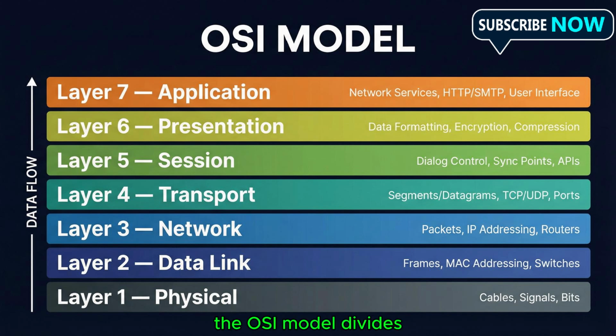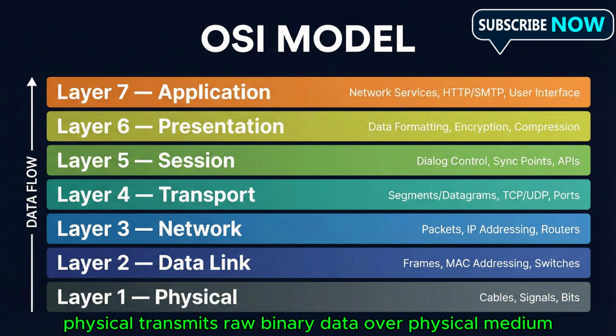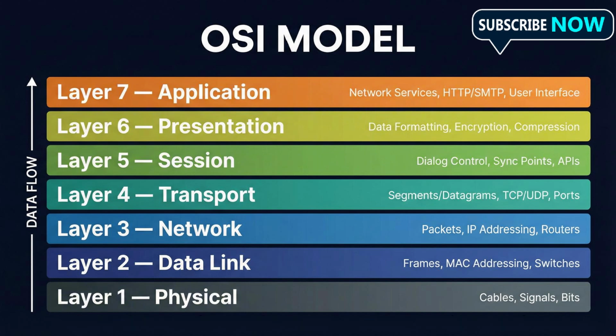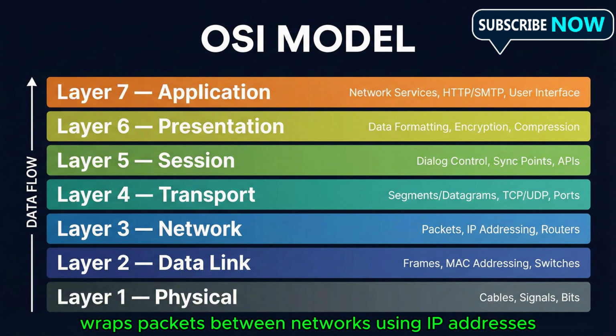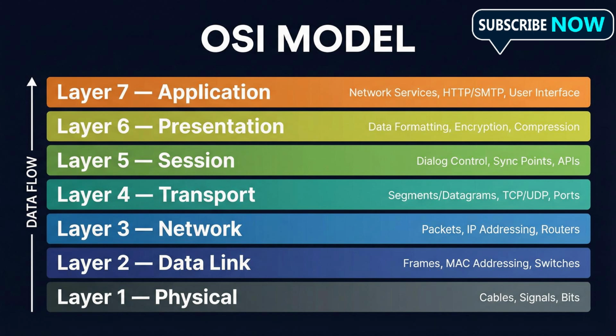The OSI model divides network communication into 7 layers. Layer 1 physical transmits raw binary data over a physical medium. Layer 2 data link organizes data into frames and uses MAC addresses for local delivery. Layer 3 network routes packets between networks using IP addresses.